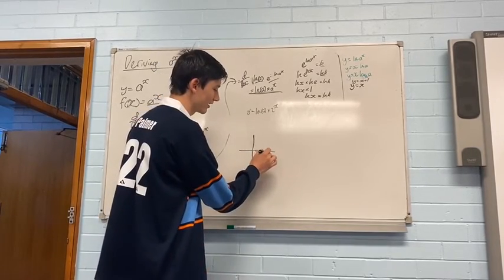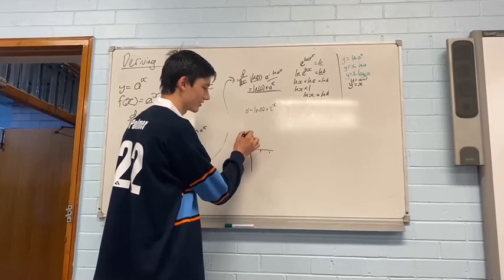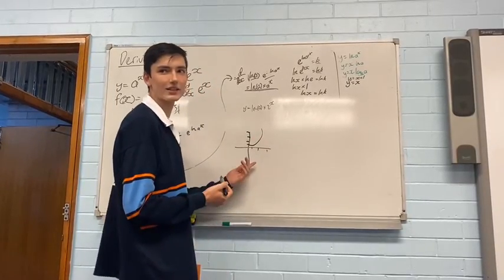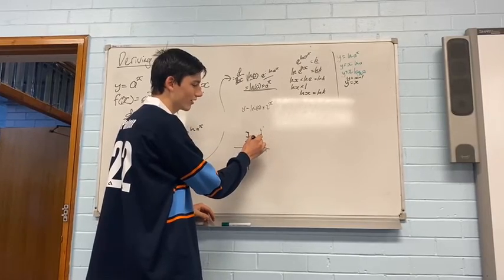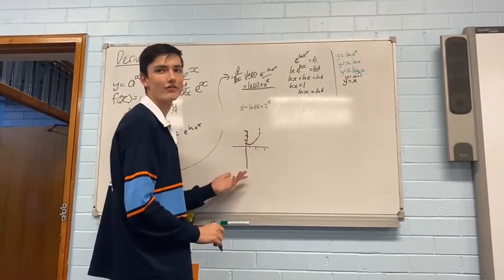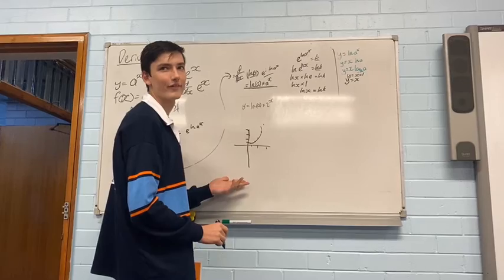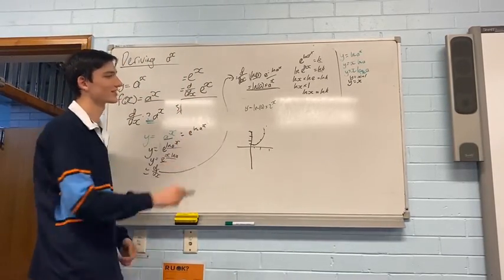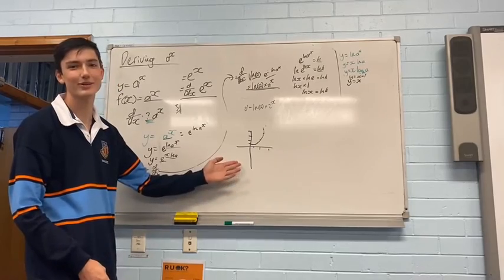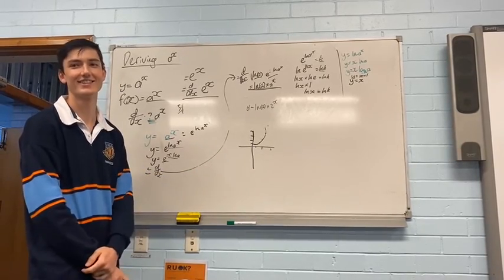This is time, this is bacteria in thousands. It's an exponential. I could derive this graph at any point to find how fast they're growing. So that is how you solve the derivative of a^x and the practical application of it in real life. Thank you. Yes.